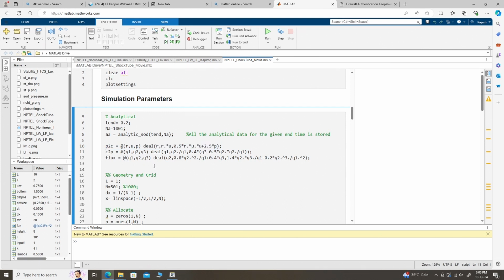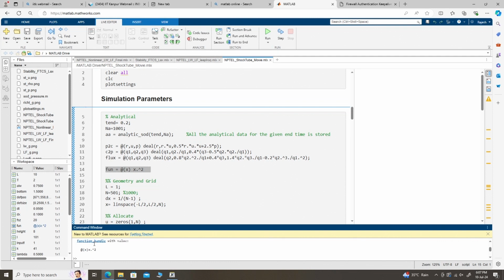When you write fun equal to at the rate of x, x square, let us say this is your function. This is called an anonymous function. It takes the input x and gives you back x square. Let me just define it here.